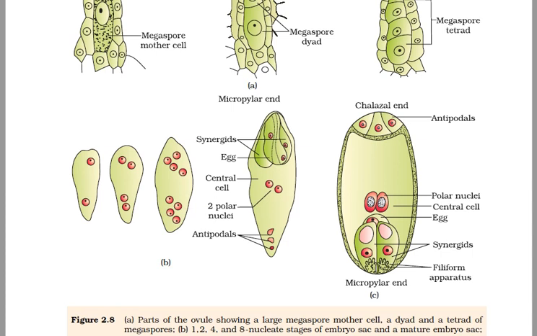This method of embryo sac formation from a single megaspore, because 3 have degenerated, is called monosporic development. I will be providing you the notes of the same content, but you can see the diagrams in NCERT figure 2.8.